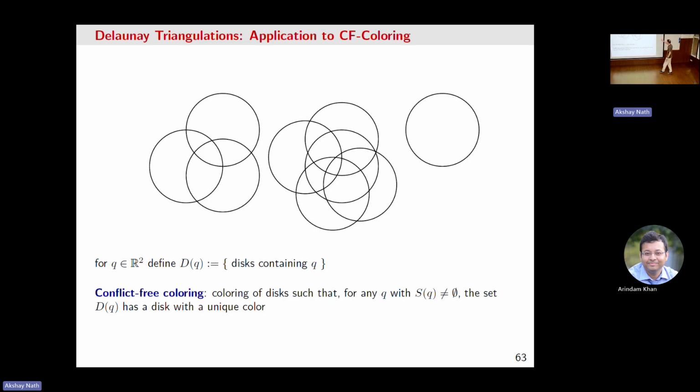Suppose the centers of these disks are transmitters, let's say cell towers for cell phones. They use a certain frequency to communicate with people using that cell tower. If I'm here with my phone, I can communicate with this cell tower and with this one.